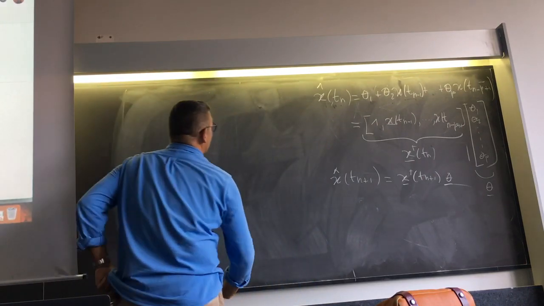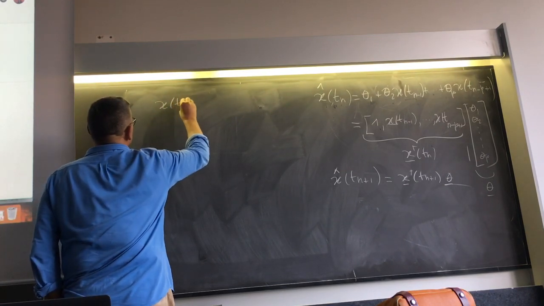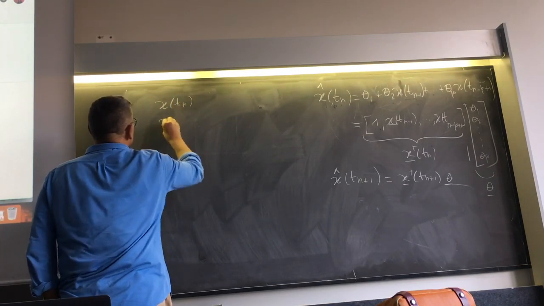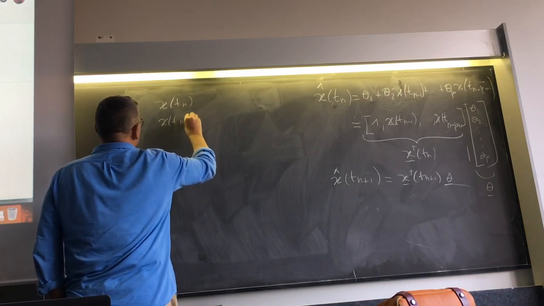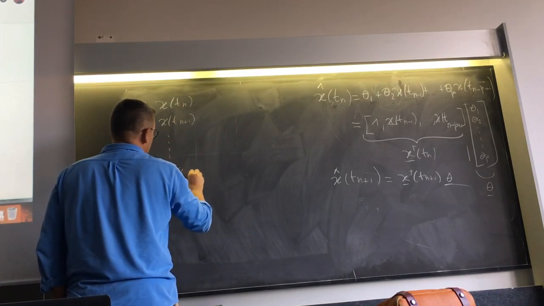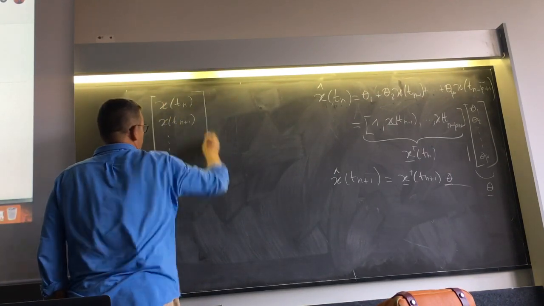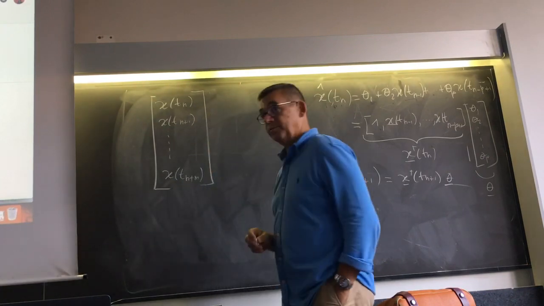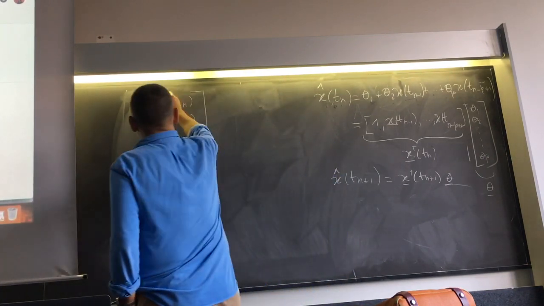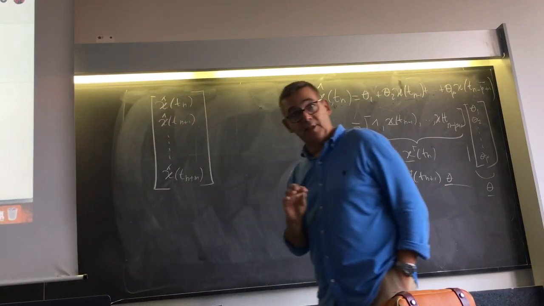I have a set of measurements, which might be x Tn, x Tn plus 1, x Tn plus n. Okay? So this is the set of values. Actually, I'm predicting these values. Technically, I'm predicting.